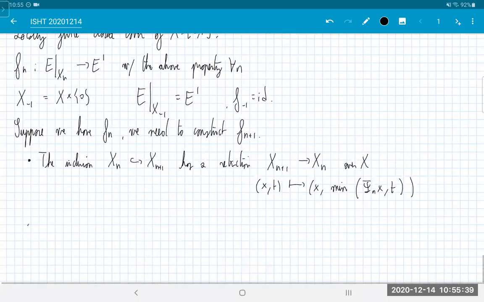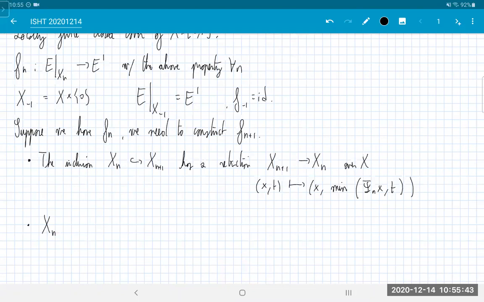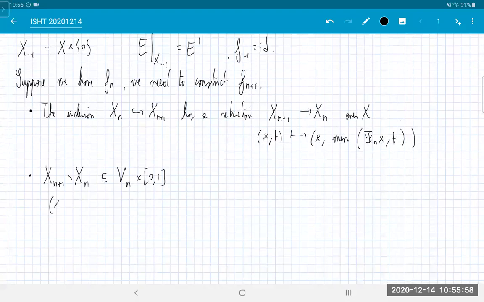And moreover, the other property, which is even more important, is that X n plus 1 minus Xn is contained in Vn times [0,1], where I had a trivialization of my E. Why is that so? Because if you have (x, t) here, this means that psi n plus 1 of x is greater or equal than t, which is greater than psi n of x.